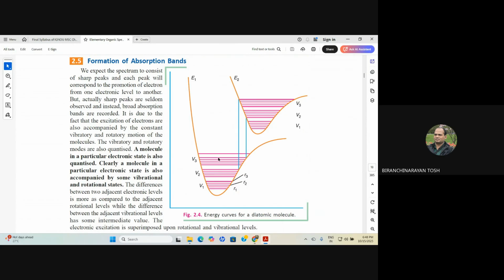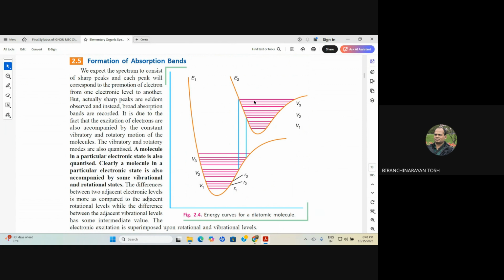When they form a compound or diatomic molecule, all elements will have a similar type of energy level diagram. So this is the electronic level, which we have represented as E1, for example. And there is also another electronic level, let it be E2.